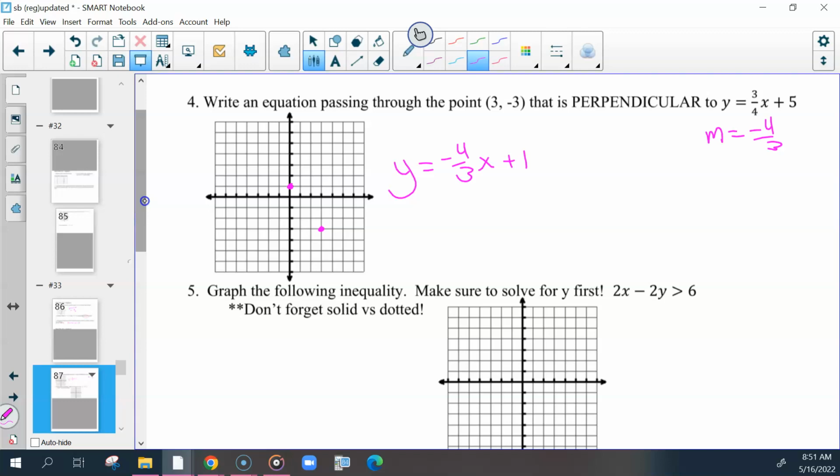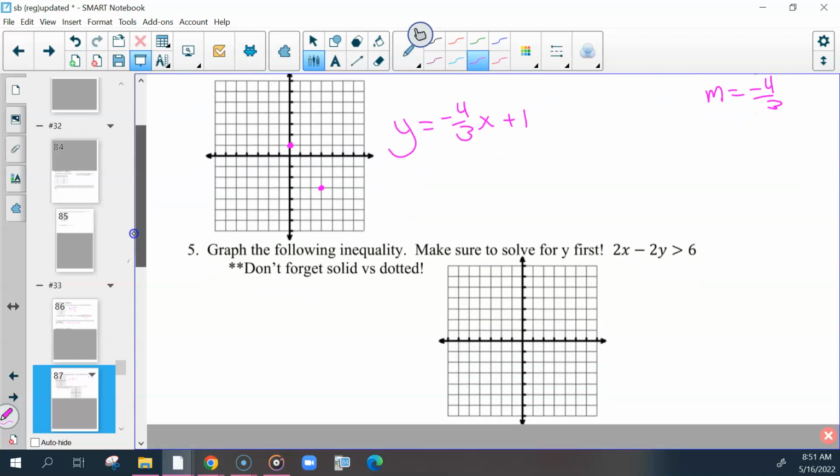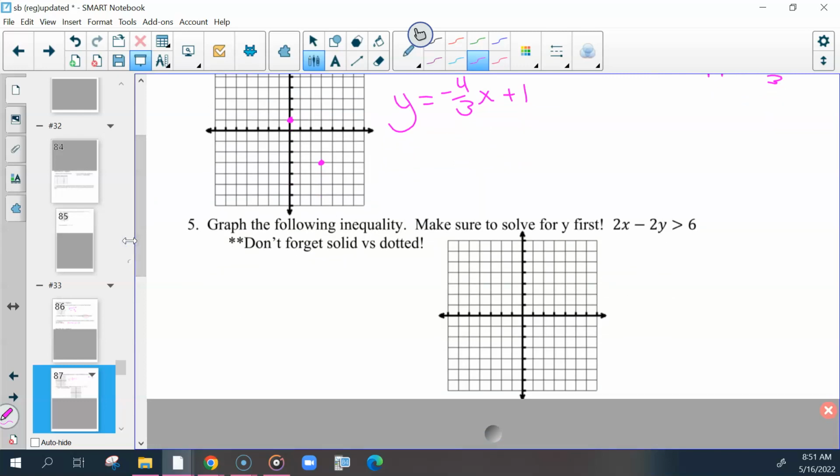For number 5, we need to graph this inequality. So we would need to first solve this. Subtract 2x on both sides. Divide everything by negative 2. Our sign would change direction.